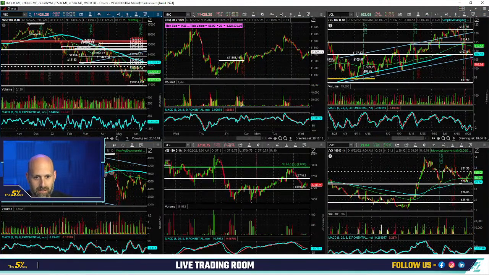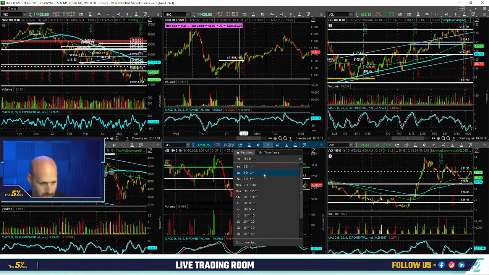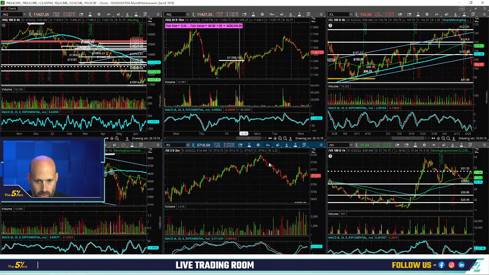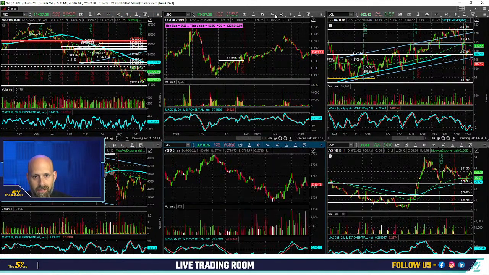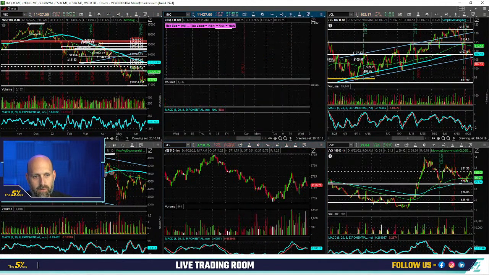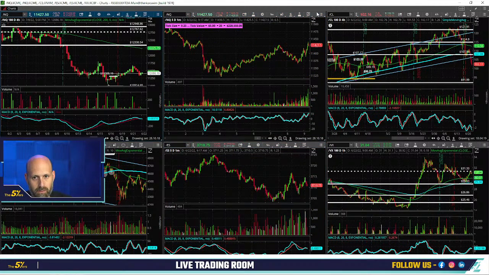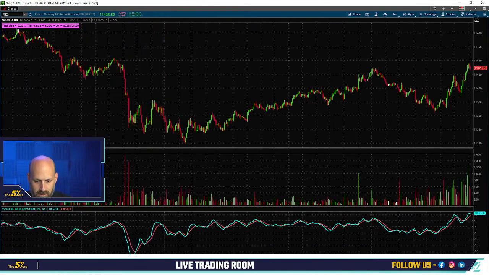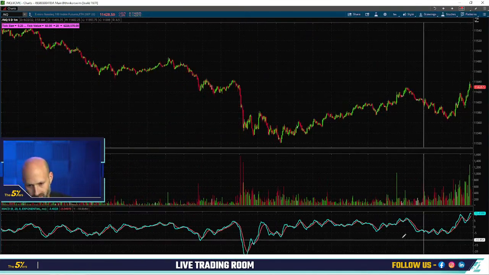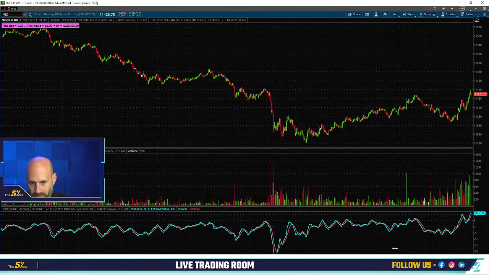So let's zoom in a little bit on those assets and try to find the right setups that you can work with, let's say in the next hour or so.